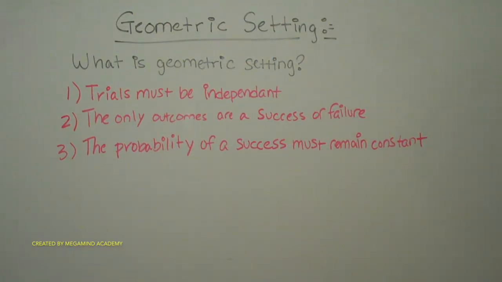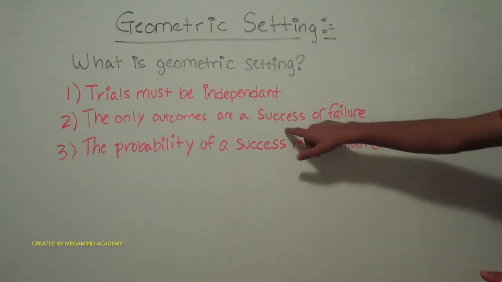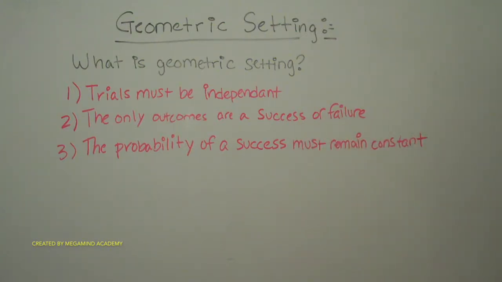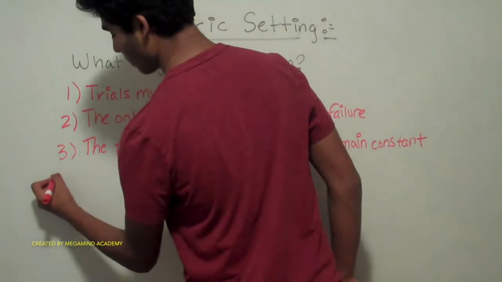Well, for every trial there is the same probability of success, and therefore there's also the same probability of a failure. This is because there are only successes or failures. So the failure is the complement of the success, which we know is 1 minus the probability of a success. So if the success is a constant probability, then its complement or failure will also be a constant probability.